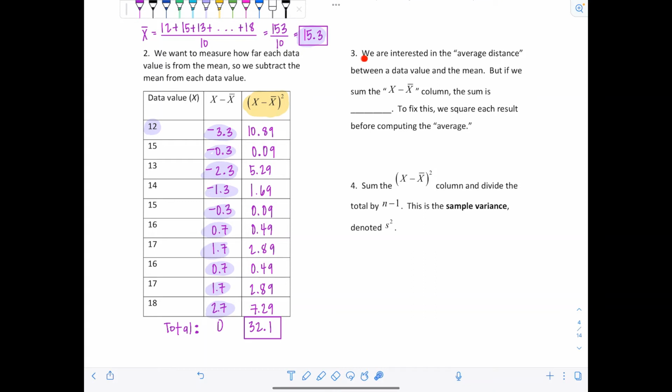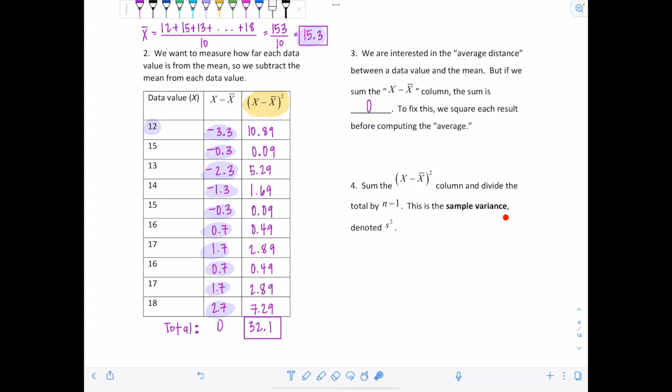So here, we're interested in the average distance between a data value and the mean. But if we sum the x minus x bar column, that was this one, the sum is 0. So to fix this, we square each result before computing the average. So now we sum the x minus x bar squared column right here, and we divide the total by n minus 1.